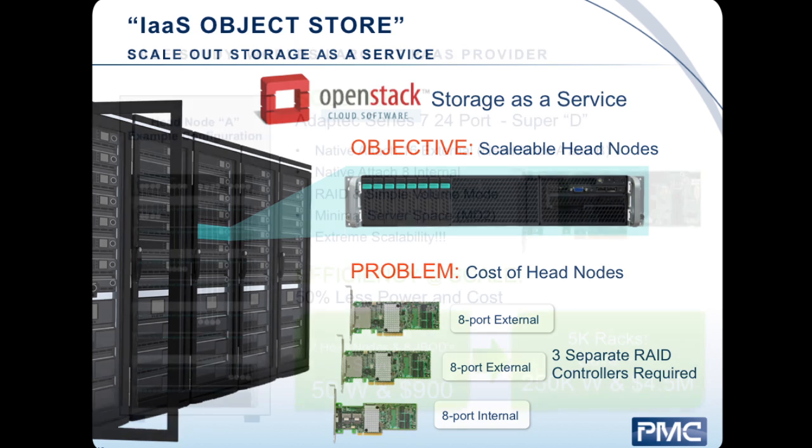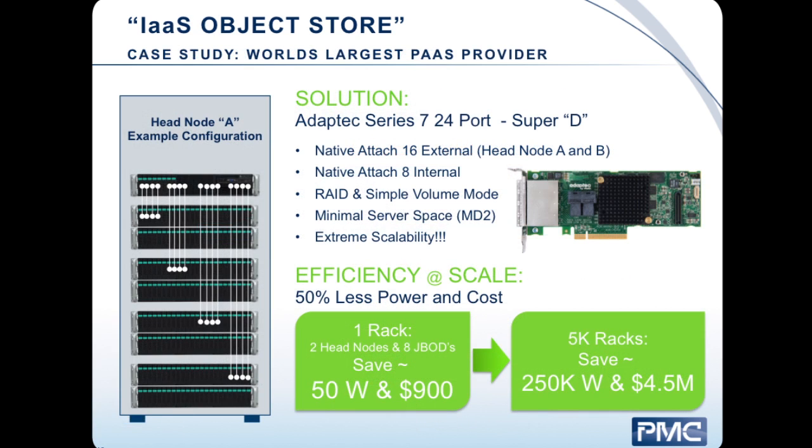So we came out with a product, and you'll see this show up in Bingo's presentation and several solutions as well, called Super D. And it's 8 ports of internal connectivity for that SSD type environment, and then 16 ports of external connectivity into a series of JBODs. And we see multiple use cases for this, not just storage as a service.